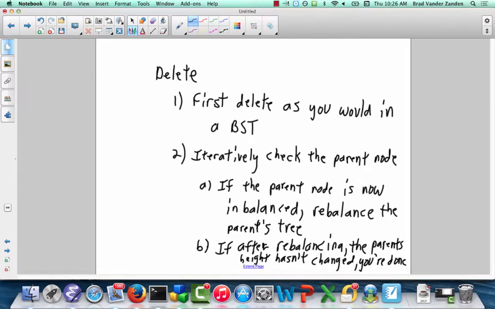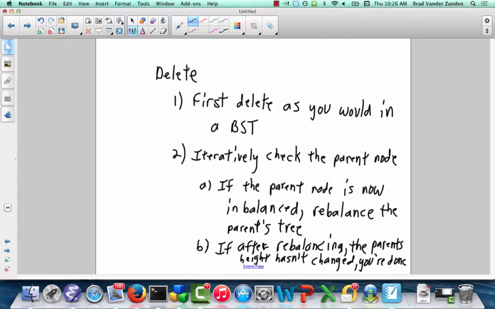Okay, the reason for that is if after rebalancing the parent's height hasn't changed, well, we know that in the original tree, with the parent at this height, it was a legitimate AVL tree. Therefore, it must still be a legitimate AVL tree if the parent's height hasn't changed.